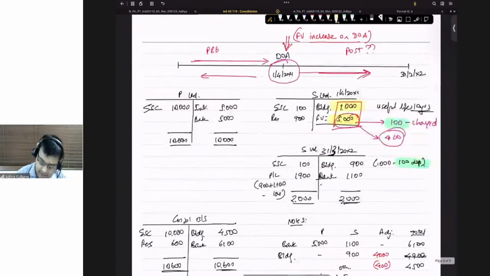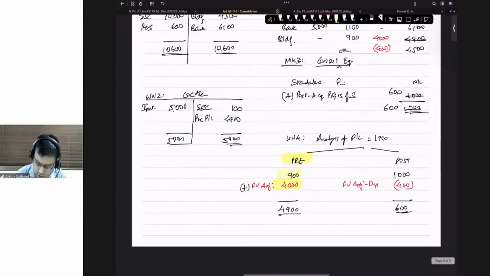Why? It is nothing but this fair valuation movement from 1000 to 5000. So therefore, 4900 is my pre-acquisition reserve. I took the 4000 movement in pre earlier also. Now also I am taking it in the pre-acquisition reserve only. There is no change in that.